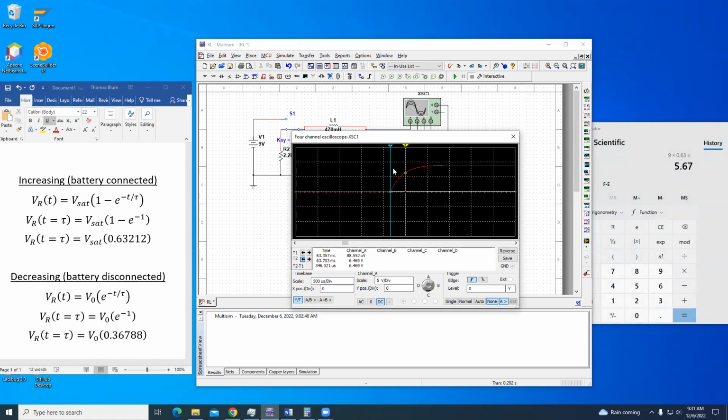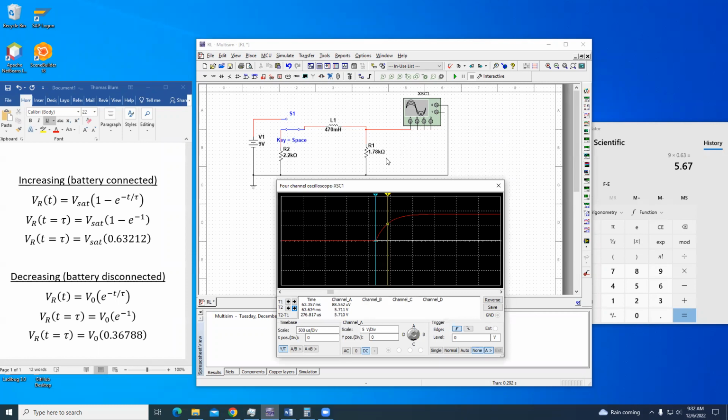I can drag it, and I can also fine tune it with these arrows. I'm just looking for close to 5.67. And so then it also does the subtraction for me. The 276 is the time between these two times.